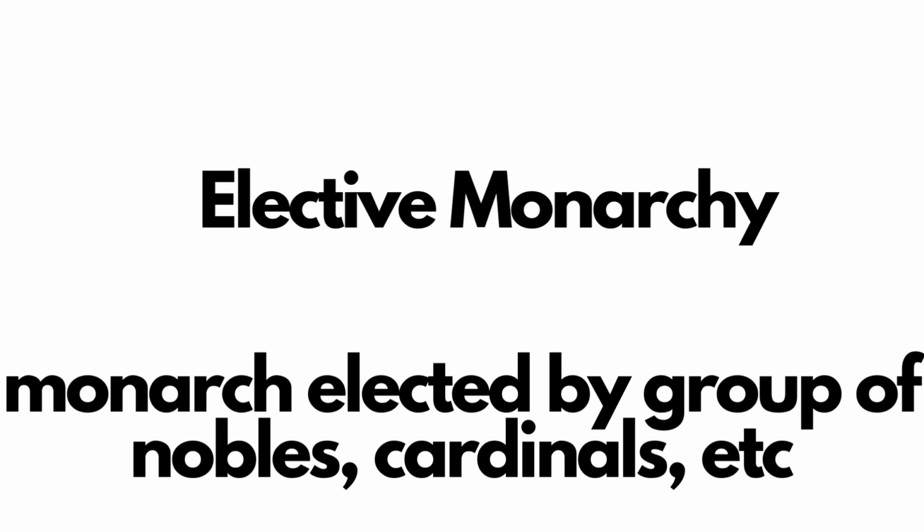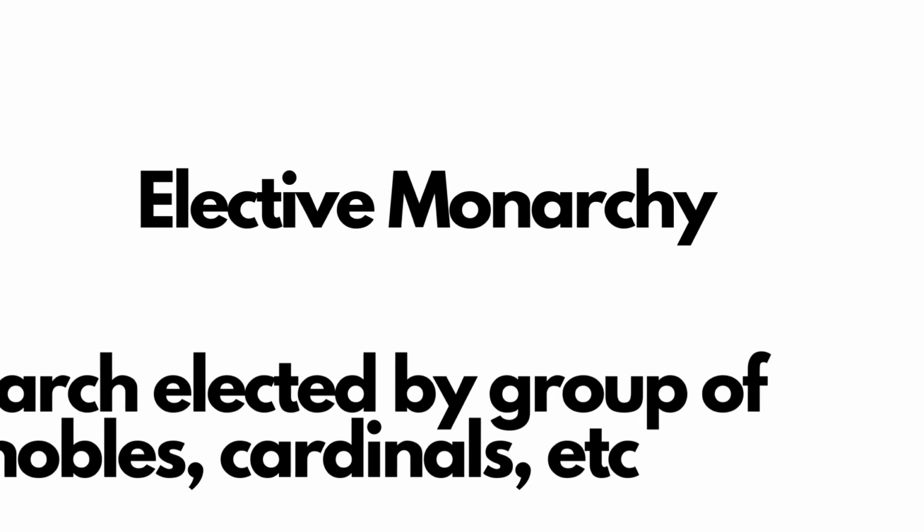Today, elective monarchies are rare, with one notable example being the Vatican, where the Pope is elected by the College of Cardinals, and the second one being Andorra, where one of the co-reigning monarchs is elected in the French presidential elections, making the president of France also the monarch.